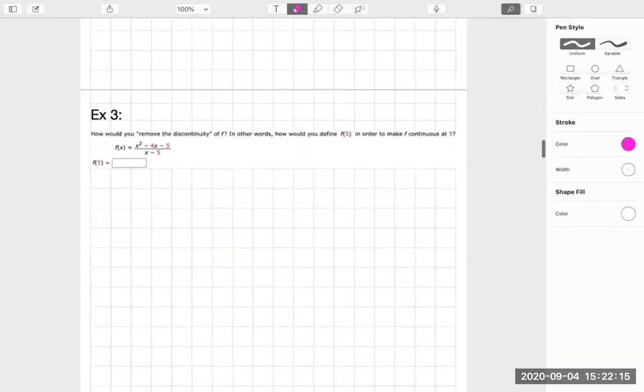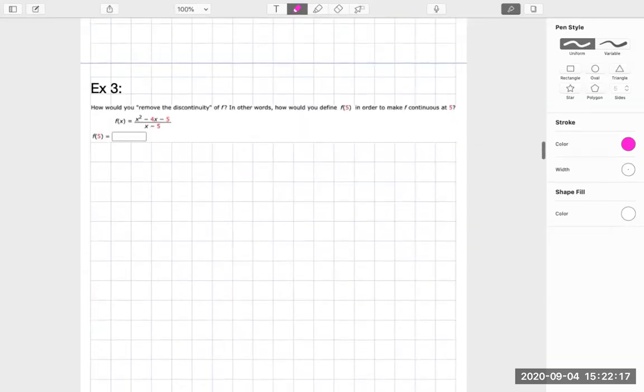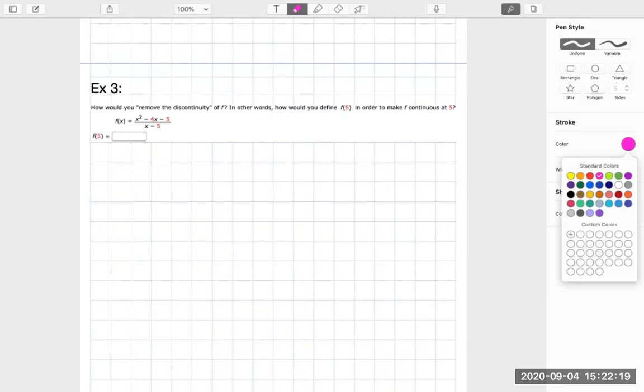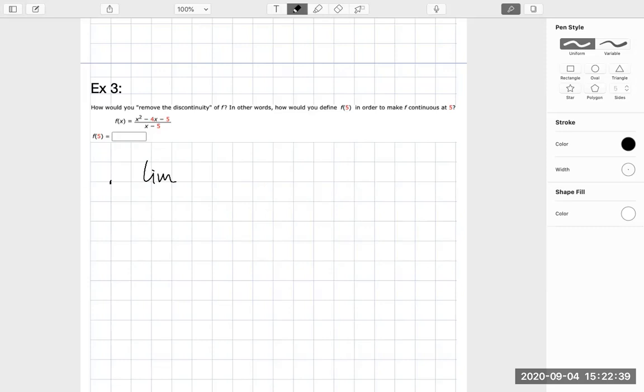In the next example, how would you remove the discontinuity of f? In other words, how would you define f of 5 in order to make f continuous at 5? First, let us compute the limit when x approaches 5.